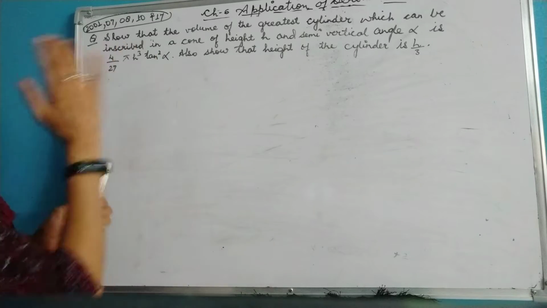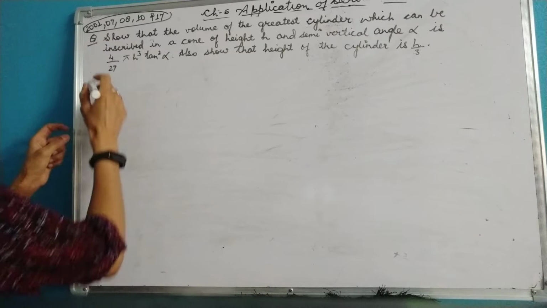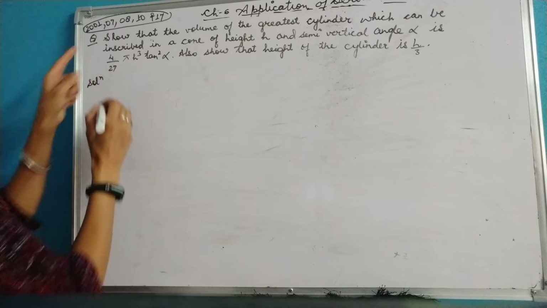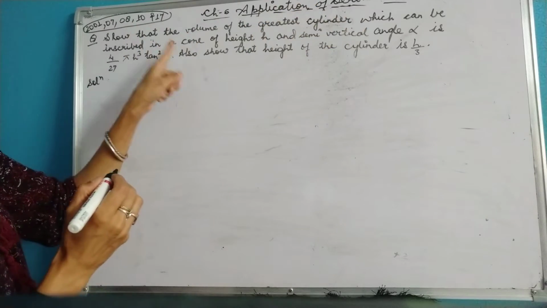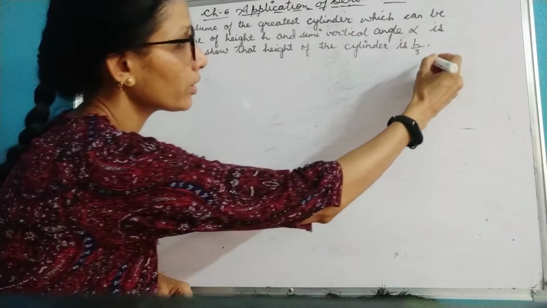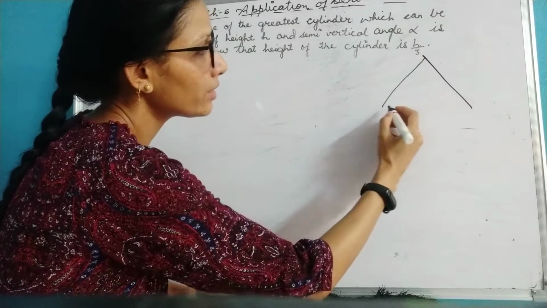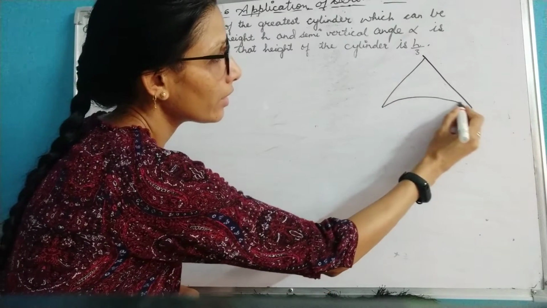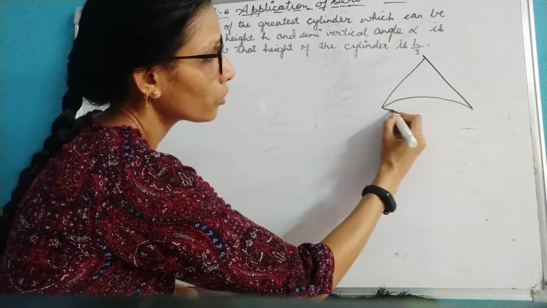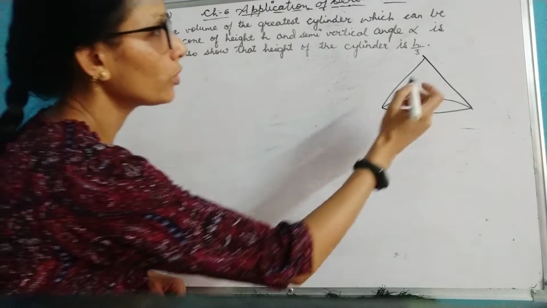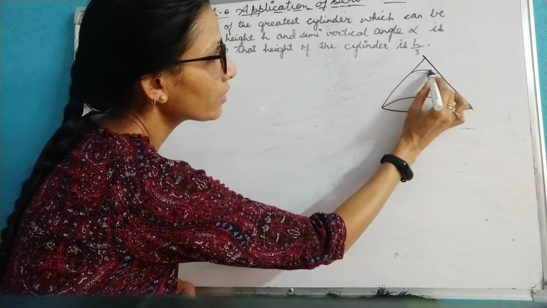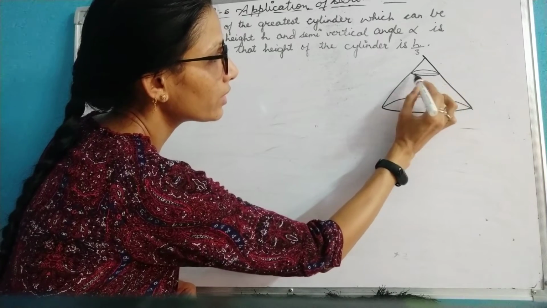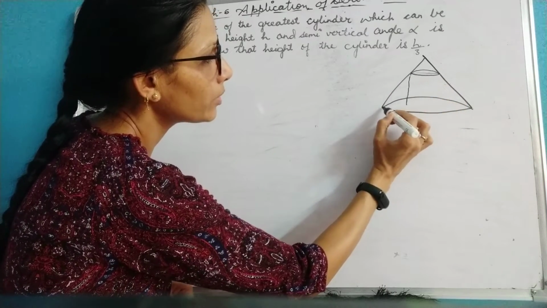Let's attack this question. Here it is given, show that the volume of the greatest cylinder which can be inscribed in a cone. So the cylinder is in the cone. So this is your cone, and let this be your cylinder which is fitted in the cone or inscribed in the cone.